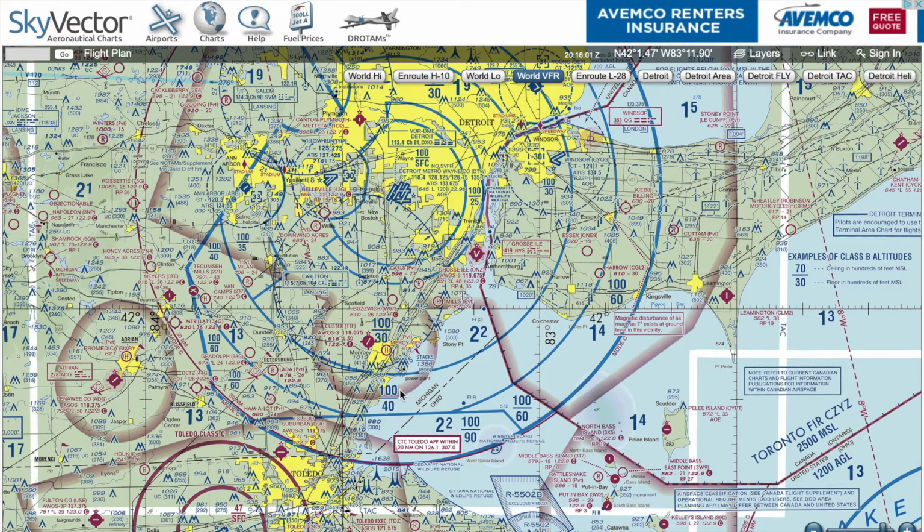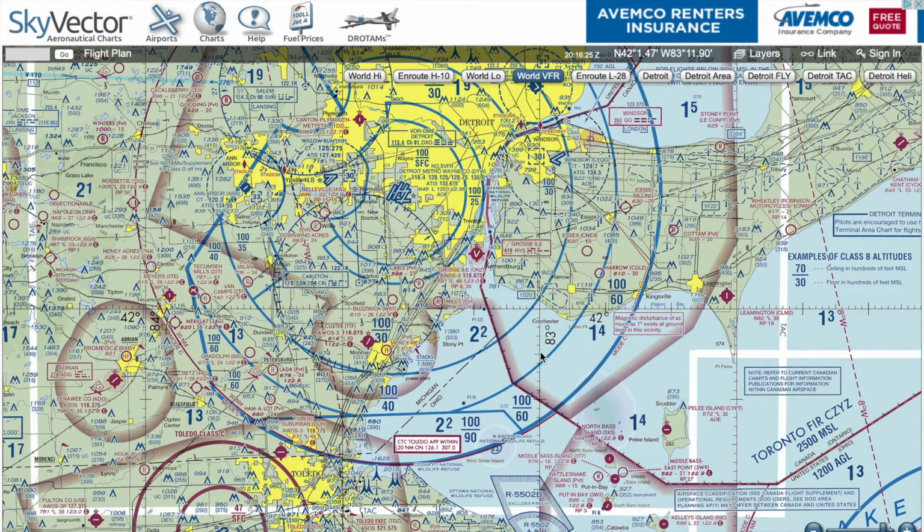So that is 10,000 feet, and that is 4,000 feet. So the Class B right here, it starts at 10,000 feet, and it goes down to 4,000 feet. And it's actually above sea level, not above the ground, but above sea level. So the whole top of this Class B airspace is at 10,000 feet.